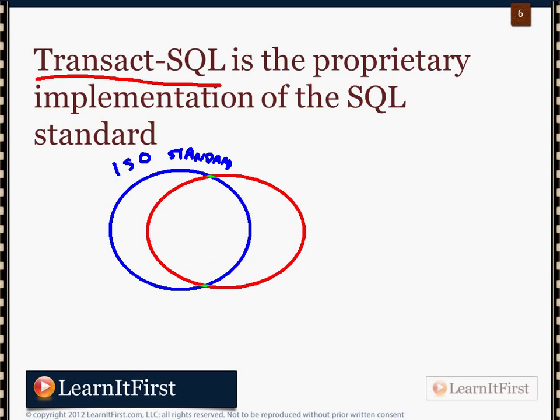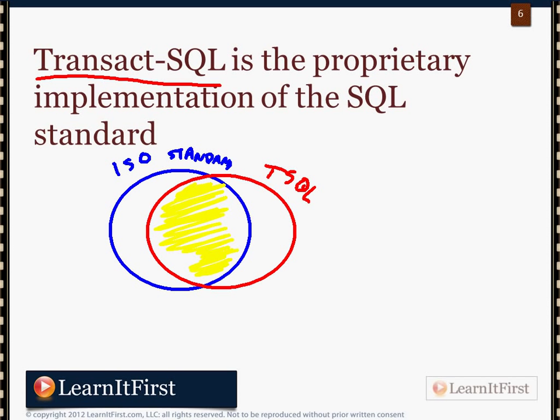And so here's Transact-SQL. This is Microsoft's interpretation and implementation of it. So where you see right here, this is our standard Venn diagram. This part right here in the middle, these are things that are in the standard that Microsoft supports.